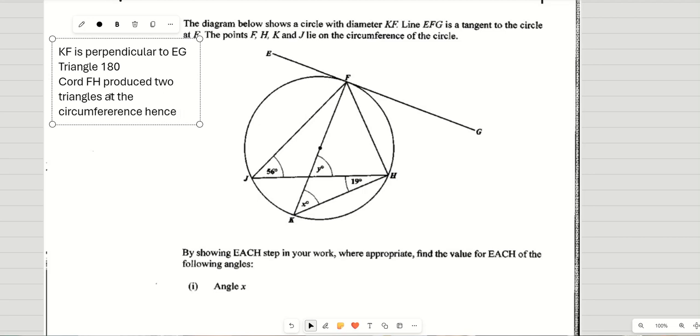Hence, those two angles at the circumference are equal, i.e. angle FJH and angle FKH are equal.